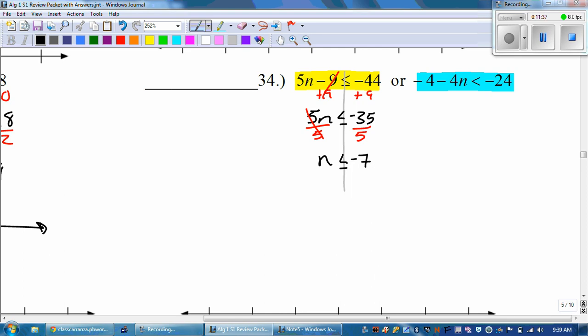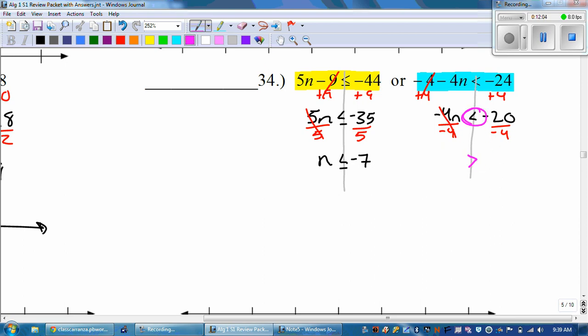Okay. Now we have to do the blue one. So, following the rules of SADMAP, I want to add first to cancel subtraction. And negative 24 plus 4 is negative 20. Now the n is not by itself, so I'm going to divide. And what am I dividing by?